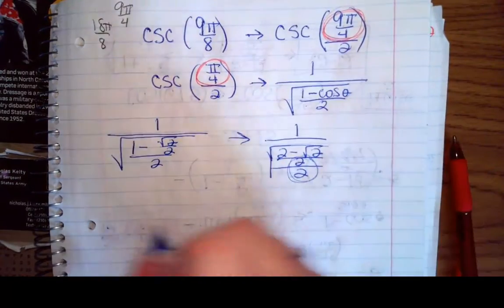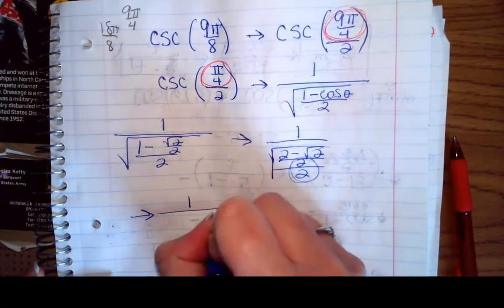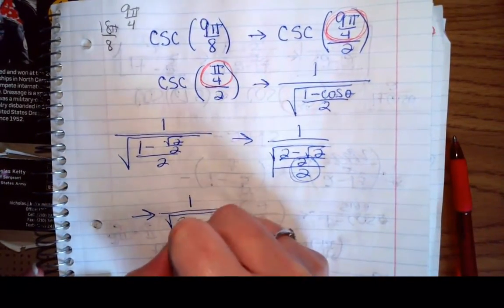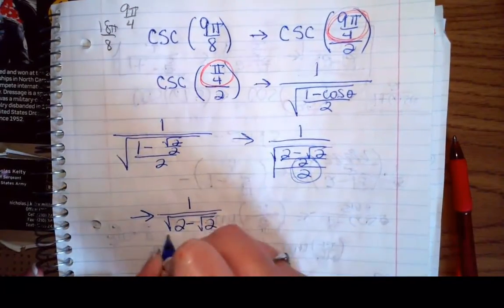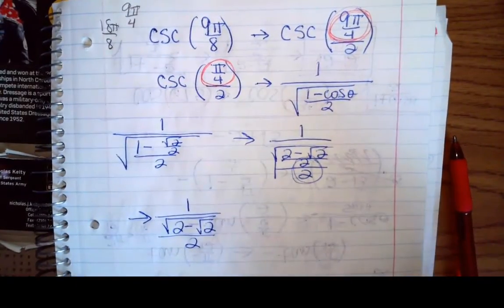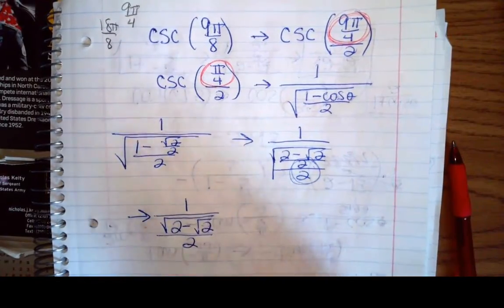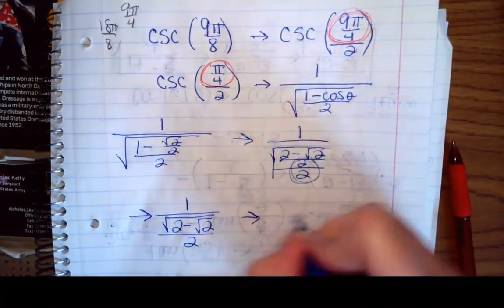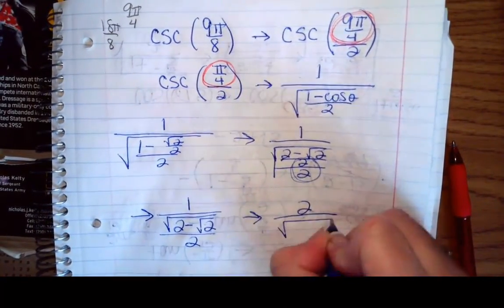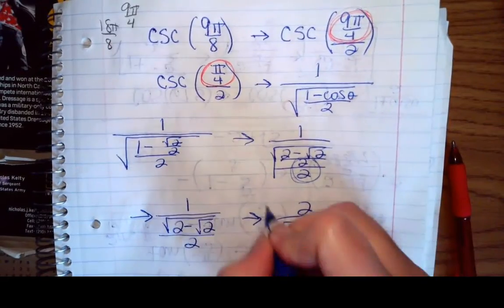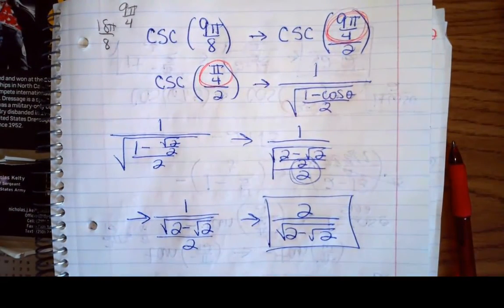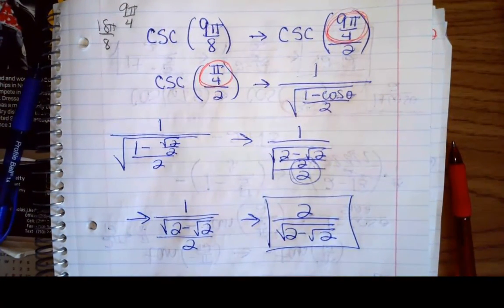So what I have at this point is 1 over the square root of 2 minus root 2 over 2. Okay, because the square root of 4 is 2. And now I can flip this whole thing and be done. So when I flip it, I get 2 over 2 minus root 2. And that is going to be my answer for that one. So we will pick this up hopefully in one final video, probably 2.